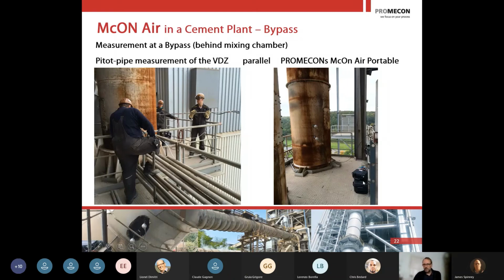And here we have the Mechon Air Portable, which is a variety of the measurement, where you also have a display and foldable sensors, both in convenient cases to carry from point to point in your plant.